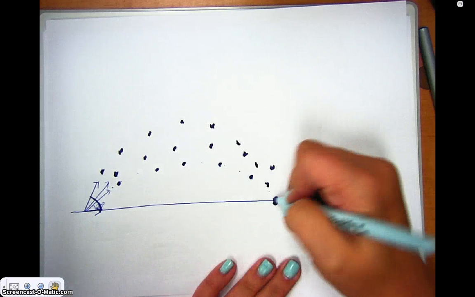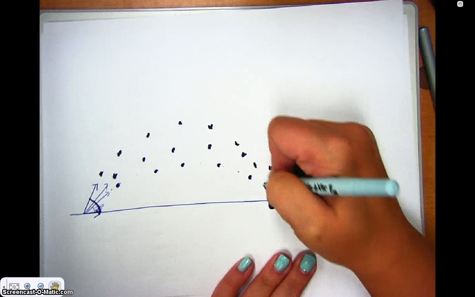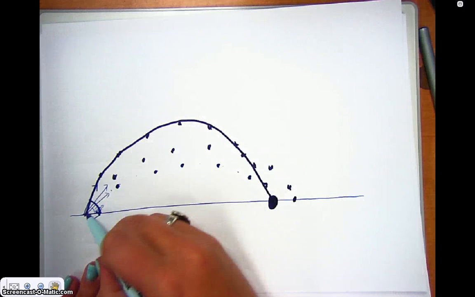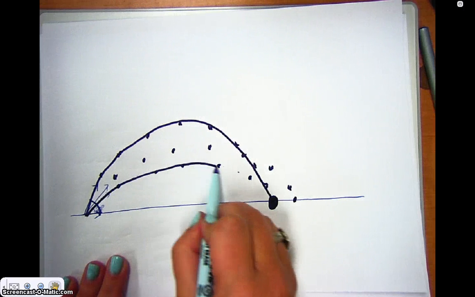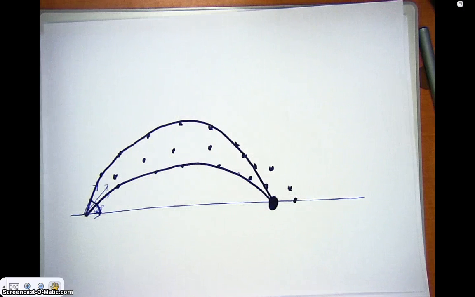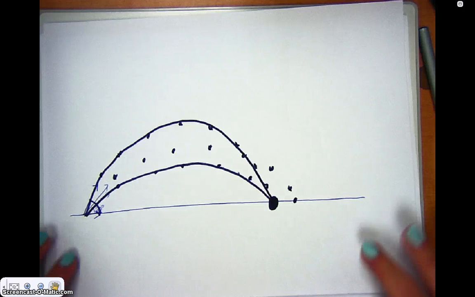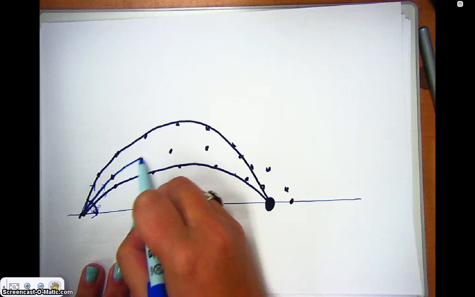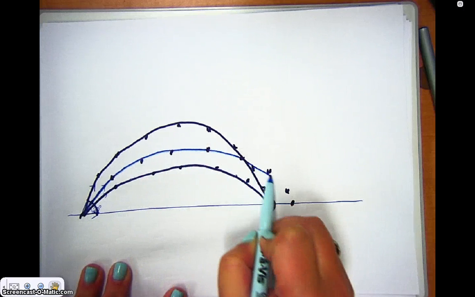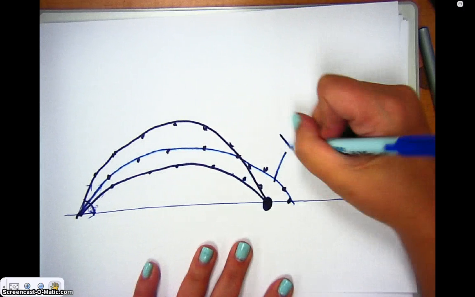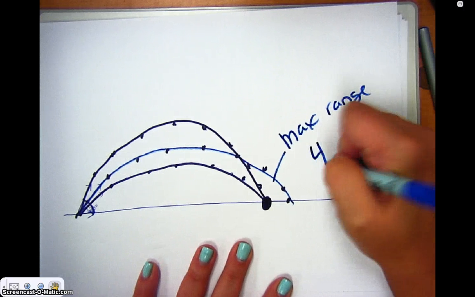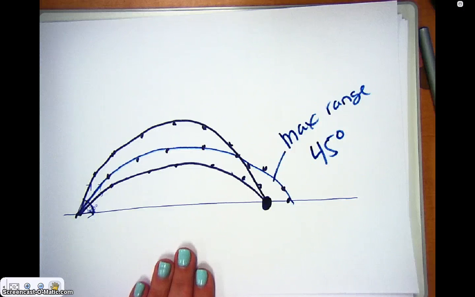So it would land in the same spot if it was launched at 60 as if it was launched at 30. However, what would maximize the range, the maximum range anything could shoot, would be launched at an angle of 45 degrees.